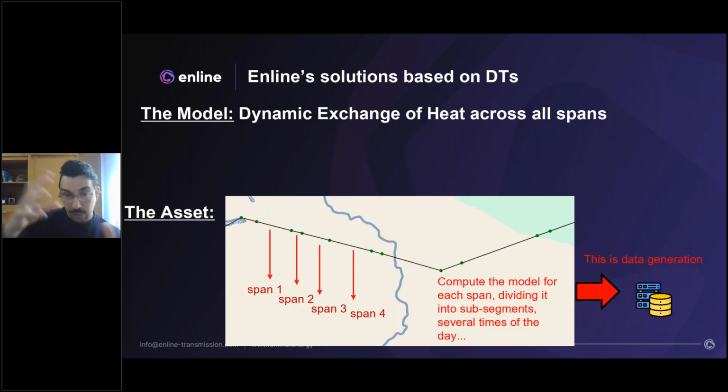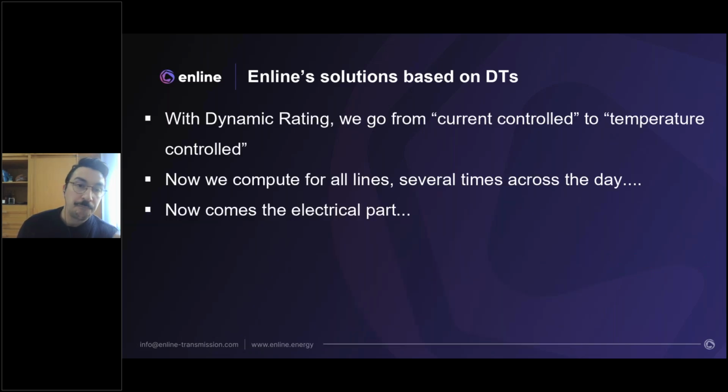And we do this several times across the day, generating a massive amount of data for one transmission line to compute this dynamic exchange in order to leverage the weather. So the same thing we do with dynamic rating.